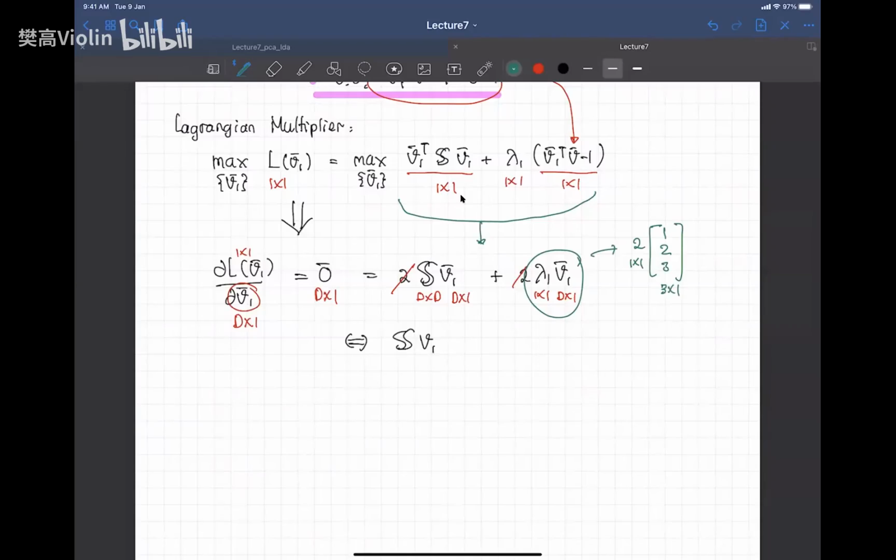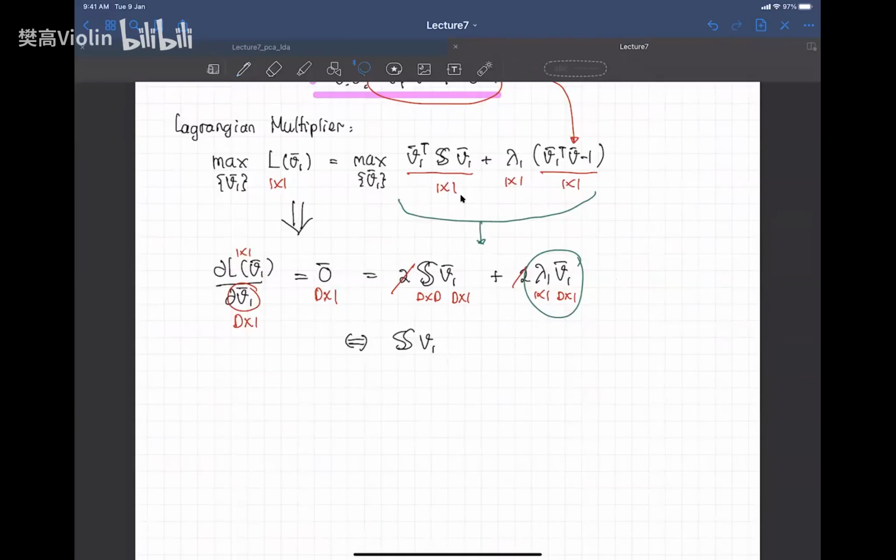So that will result in D cross 1. But the second one has D cross 1. Okay. So lambda here, assume that is 5. Lambda equal to 5. Yeah, that is correct. There's nothing wrong with this, right? Okay, there's nothing wrong with this.